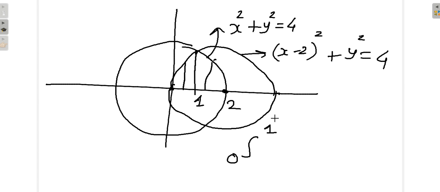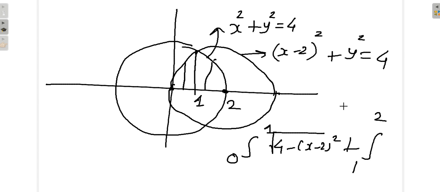It is this circle, and in this case between 1 to 2 it will be this circle. I think you can indicate this because you have done it in the previous sum.